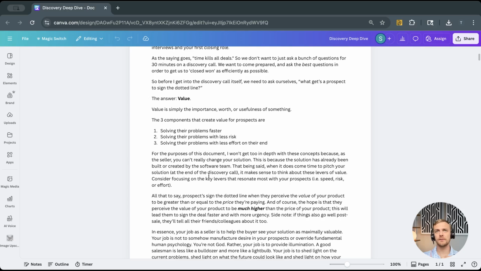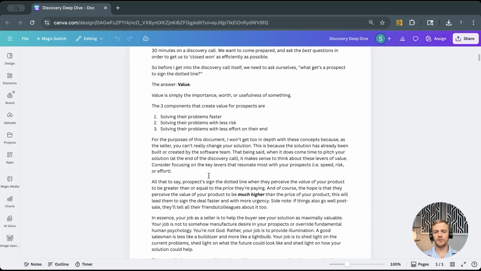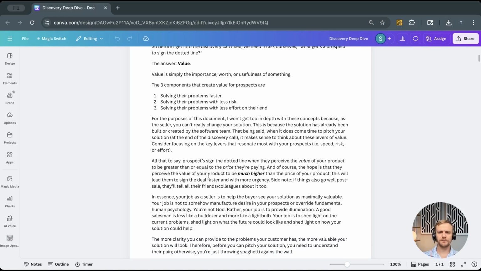So if your prospect tells you, we want a solution that we can get up and running 3 months from now, you want to highlight a customer story and focus on how you were able to help customers solve something in a short amount of time, right? It's logical, but that's just something to think about.